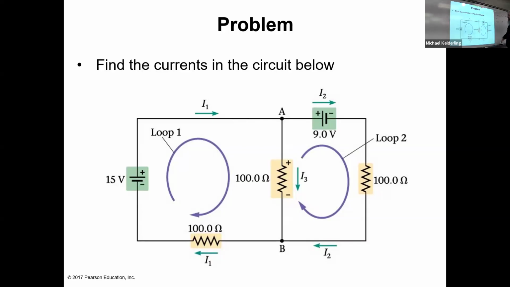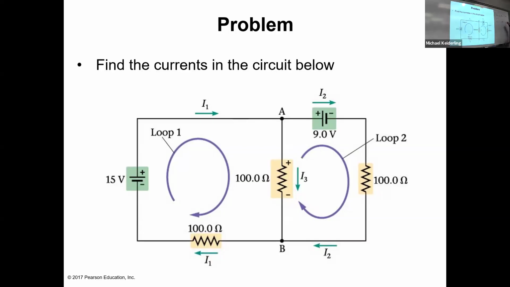And then over here, current 3 is labeled as going opposite the direction of the loop. You can think of it as negative. So minus minus I3 times 100 ohms, or just plus I3 times 100 ohms.